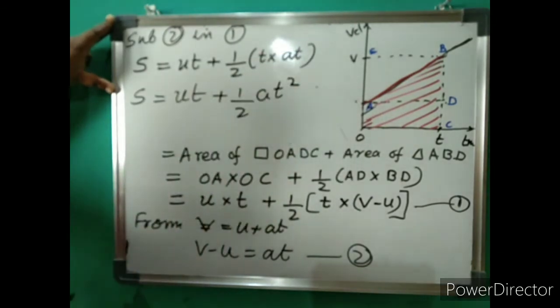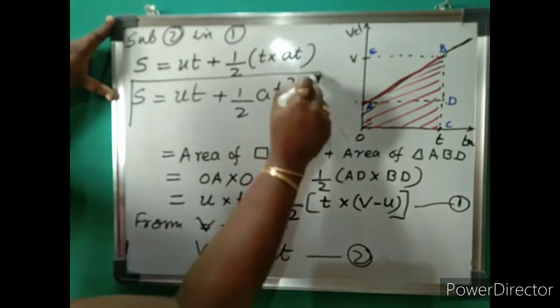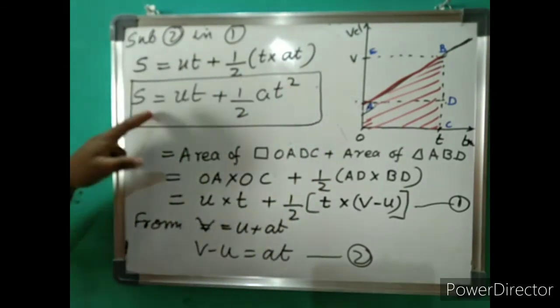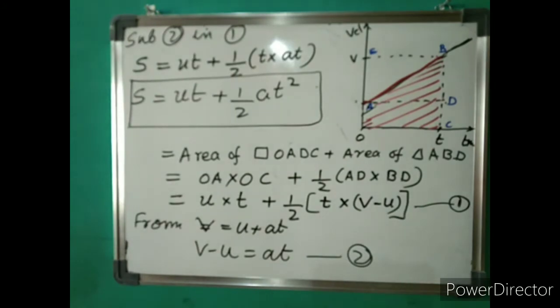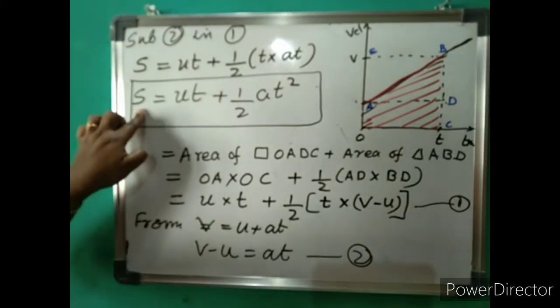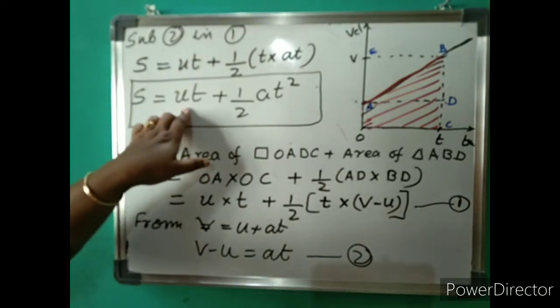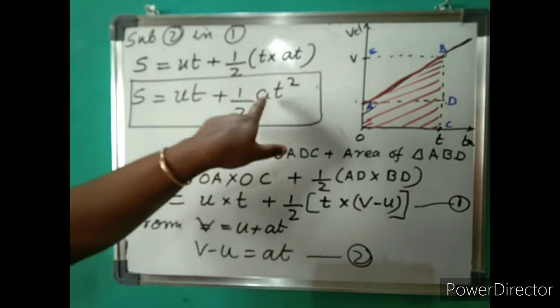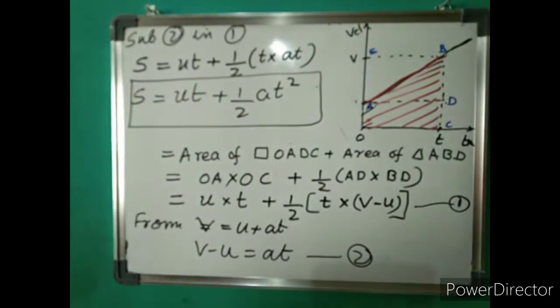The second relation, the position time relation, is S is equal to ut plus half at square, where S is the distance traveled by the object, u the initial velocity, t the time taken, and a the acceleration of the object.